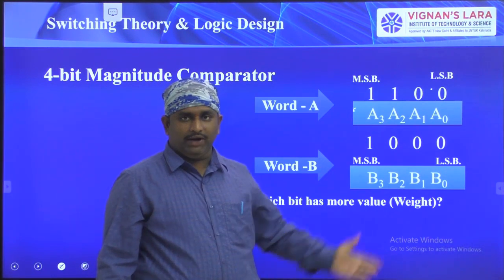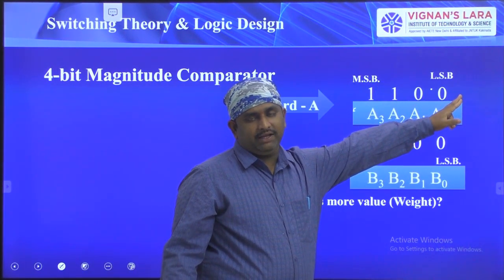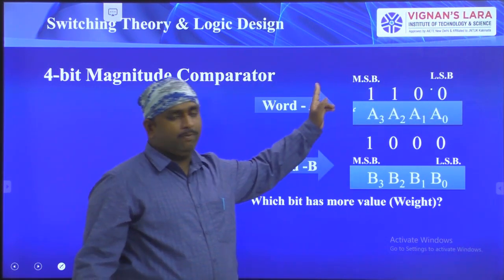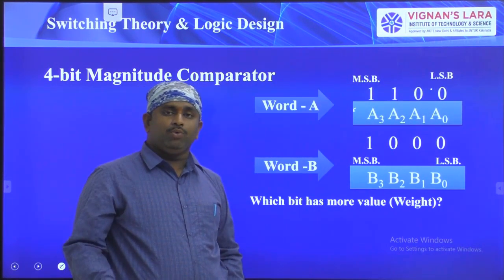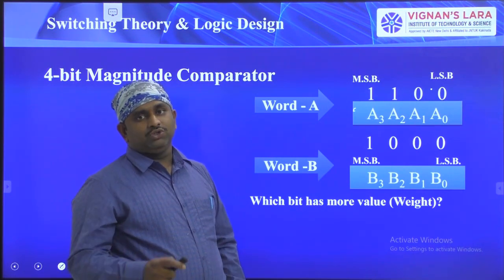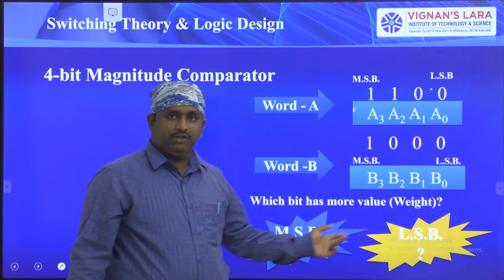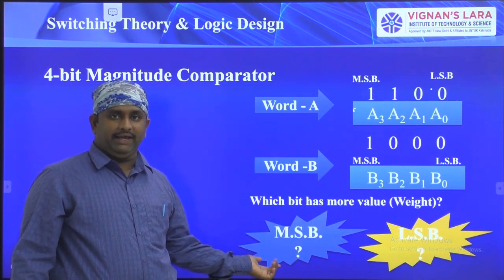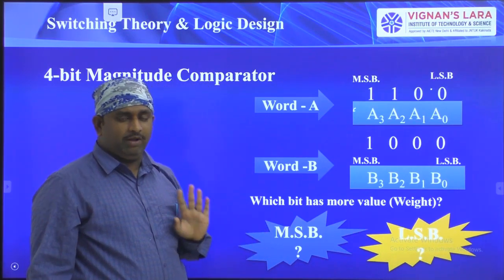So here I said that it is the 8 4 2 1 code. So the LSB bit has the weightage of 1 and the MSB bit has the weightage of 8. In these two bits, which one has more weightage? Very good. So the MSB bit has more weightage. That is the very important one.